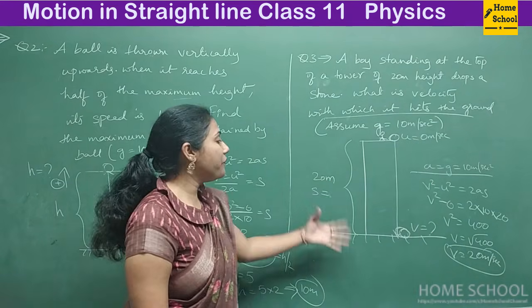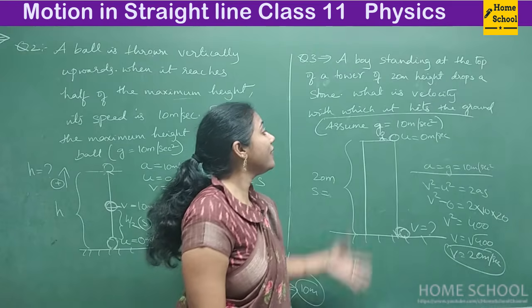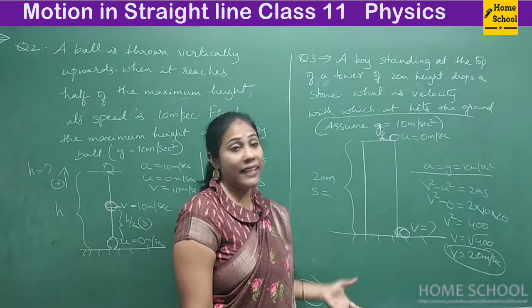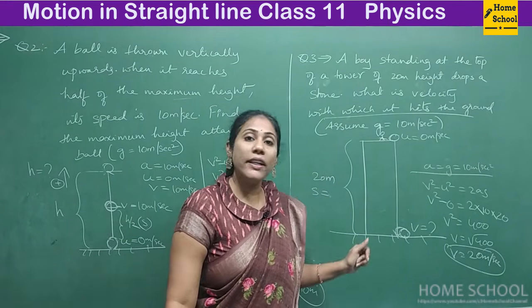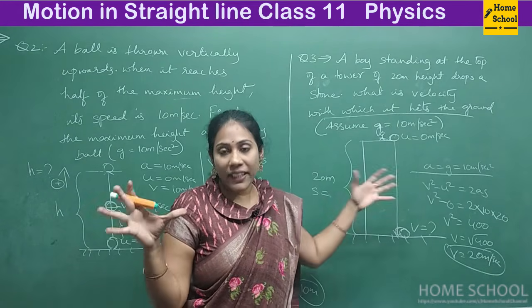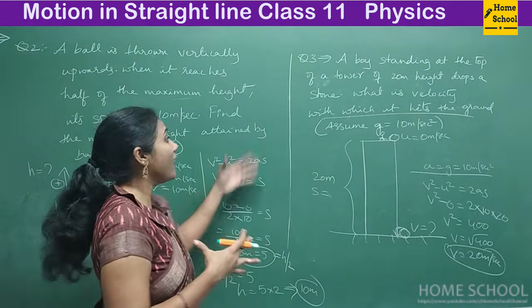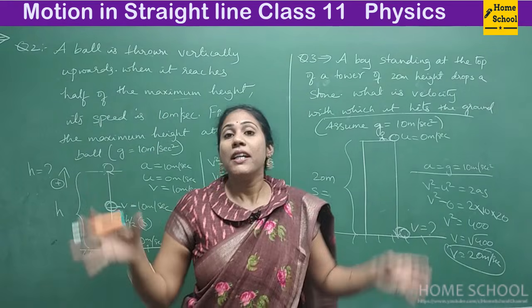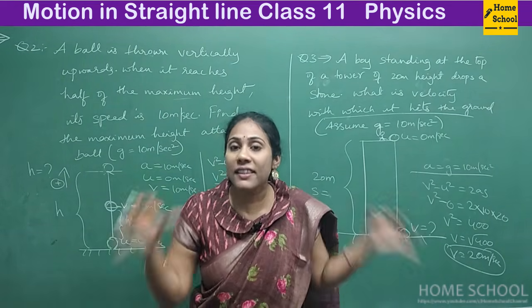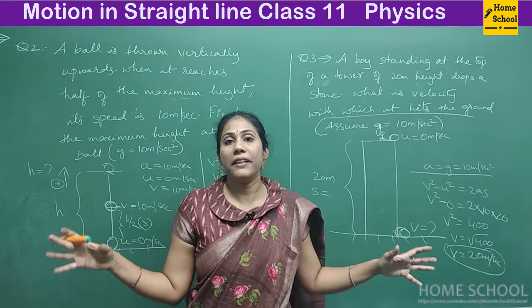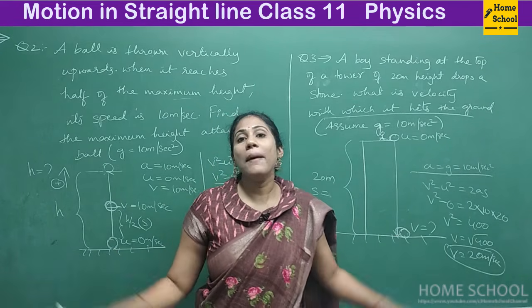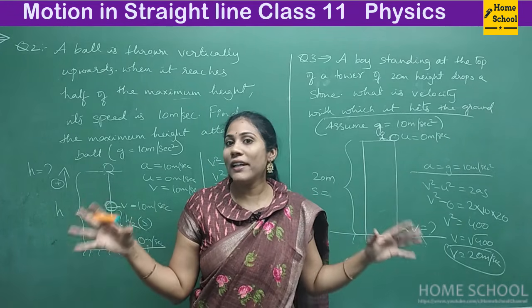Everything lies in the diagram, the way you draw it and the way you understand the question. Among the given equations of acceleration, select a suitable equation according to the given information, substitute the values with the sign and then calculate. So that's all about the concept on acceleration.